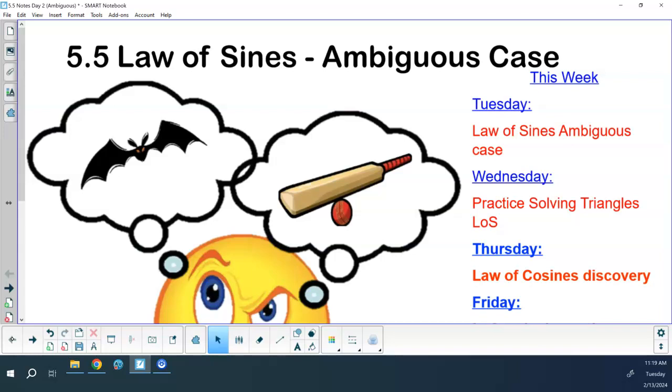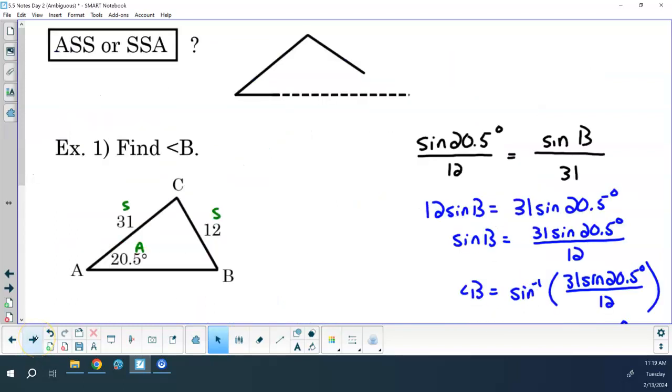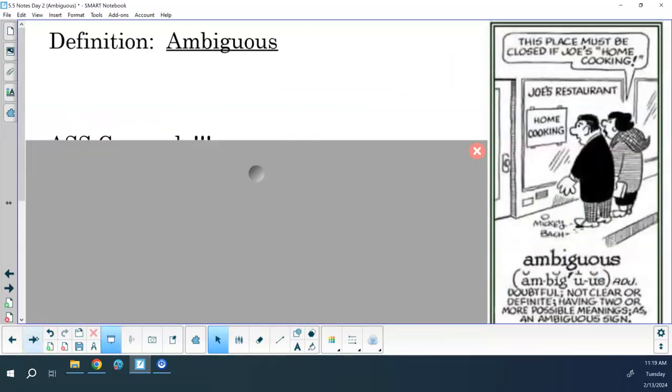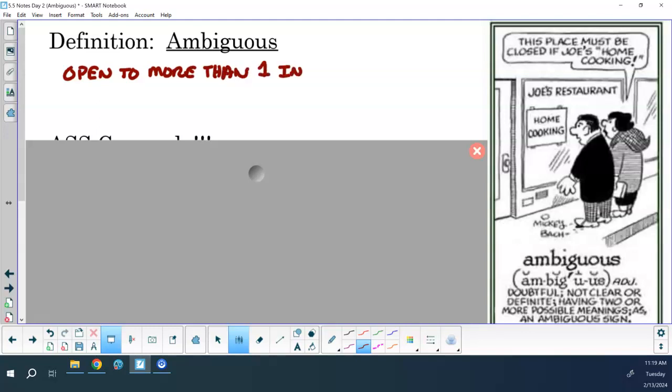Bat the animal or bat used in baseball? You can bat away with a bat, yeah? So ambiguous is open to more than one interpretation. Interpretation is a long word.